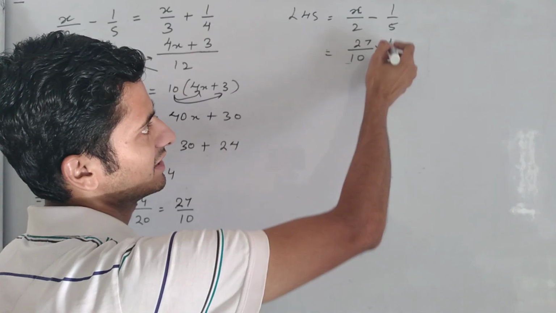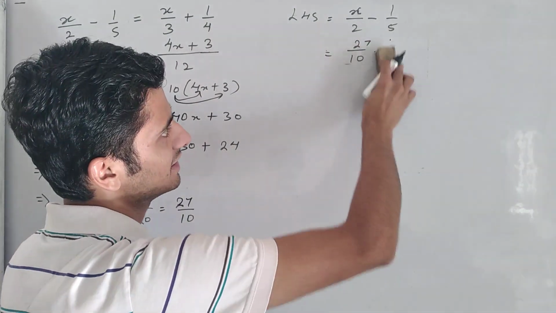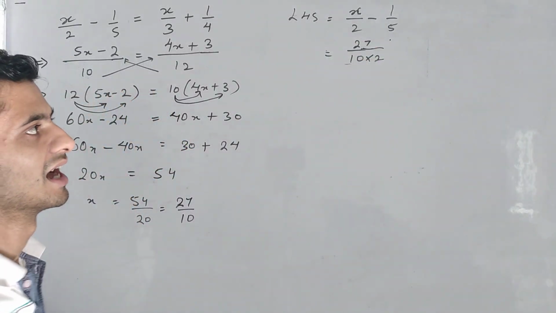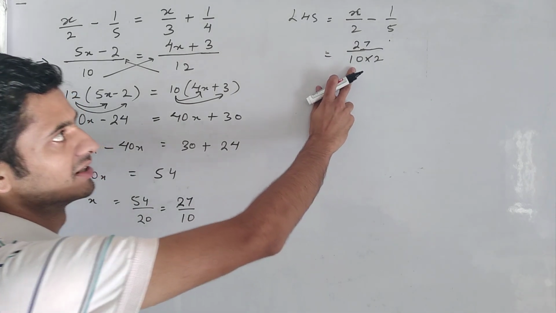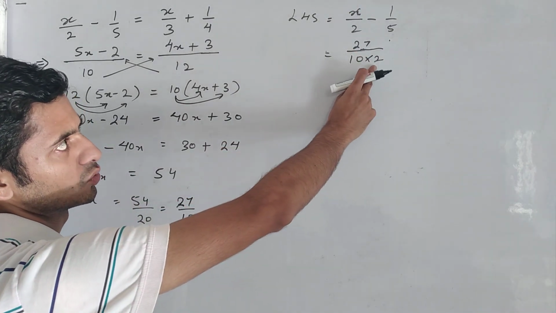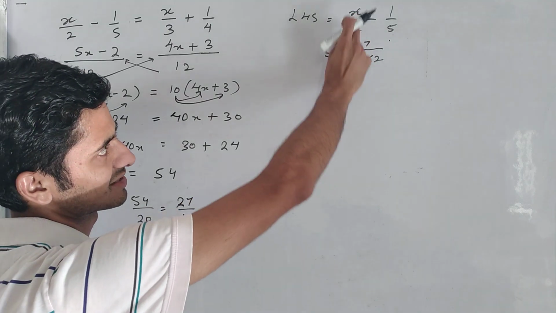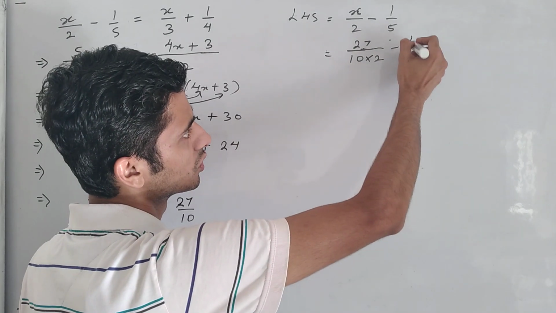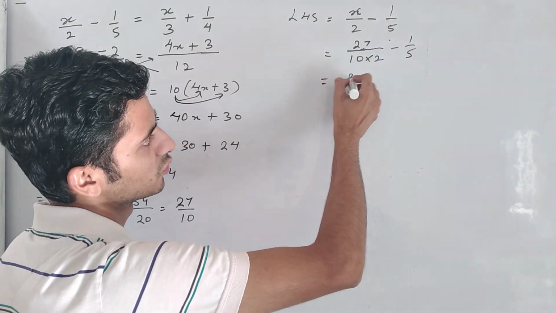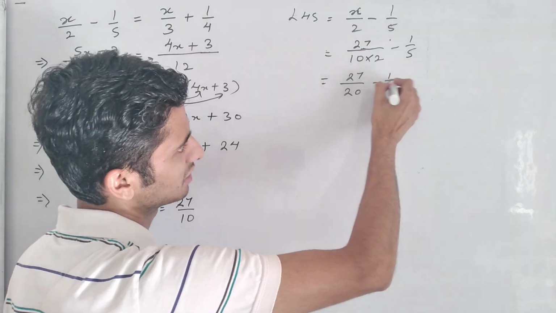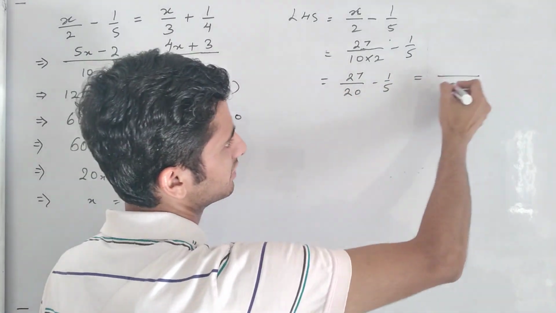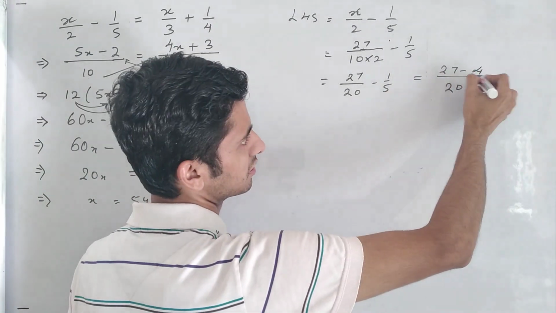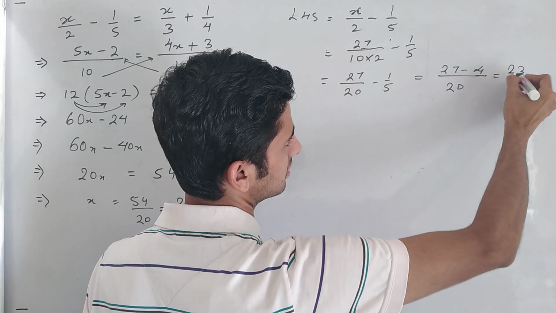So 27 upon 10 into 1 by 2, or 27 upon 10 into 2, which is 27 upon 20, minus 1 upon 5. LCM will be 20: 27 minus 20 divided by 5, 4. And it gives you 23 upon 20.